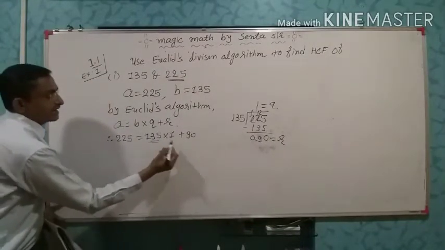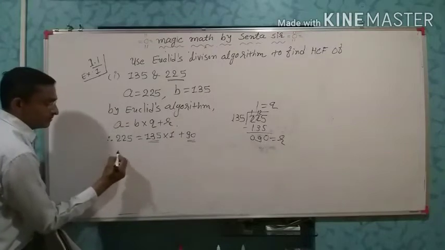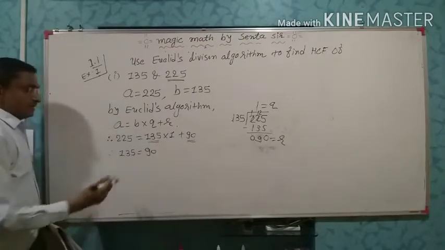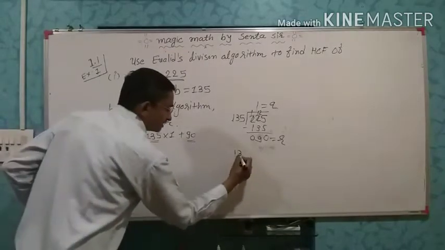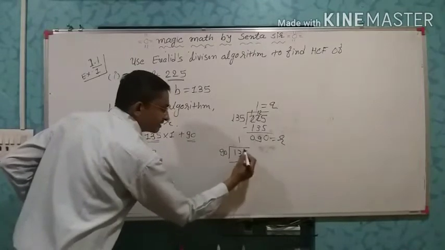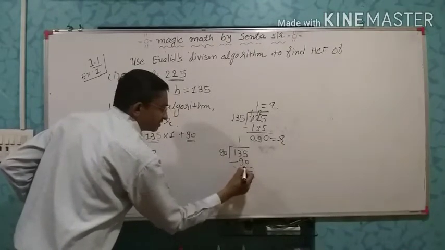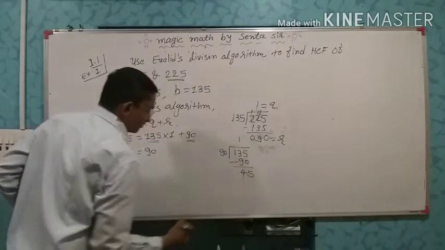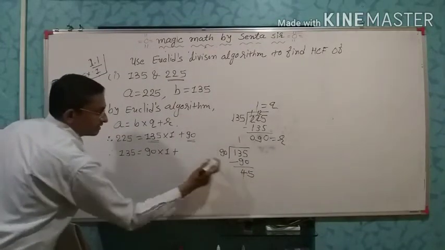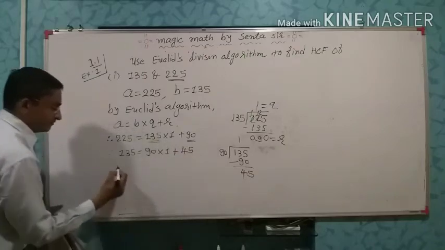Friends, we take the second number and the fourth number in the next step. Same method. Divide this number 135 divided by 90. 90 ones are 90. 5 minus 0, 5. 13 minus 9, 4. What is the quotient? 1, and the remainder is 45.